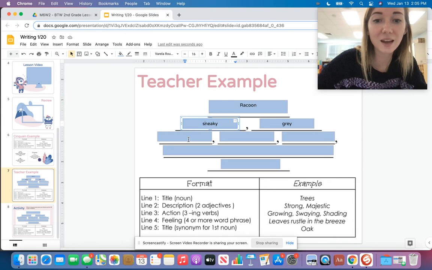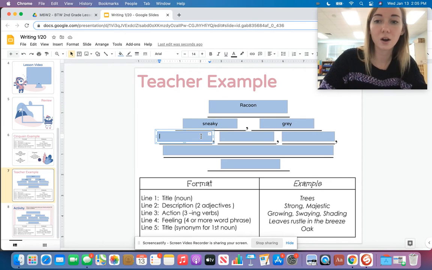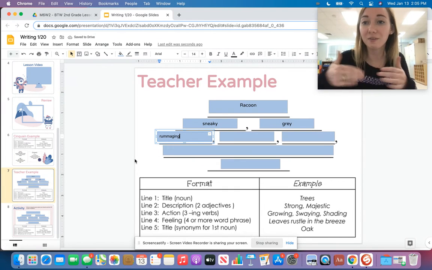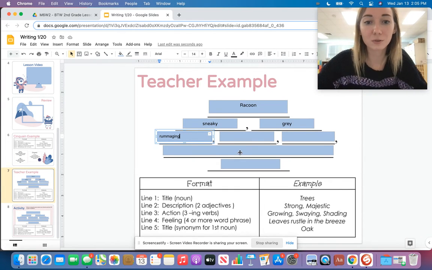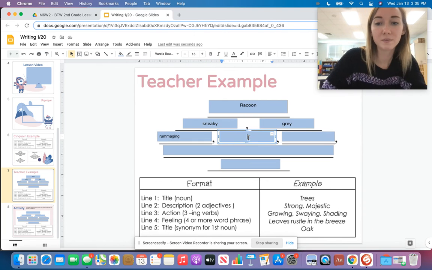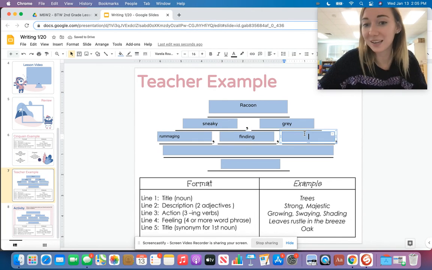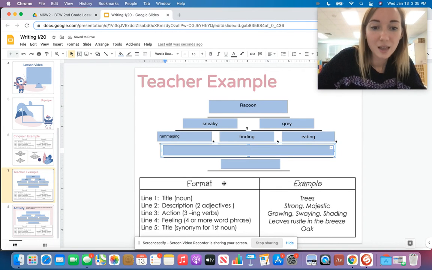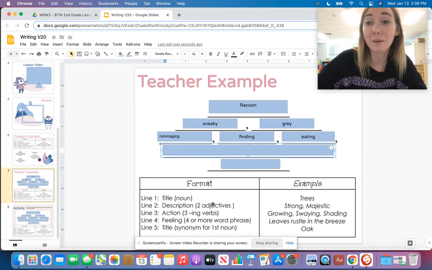I think the action words I will be using are rummaging, which means going through, like a raccoon rummages through the trash. Rummaging, finding, because they usually find something, and then eating.